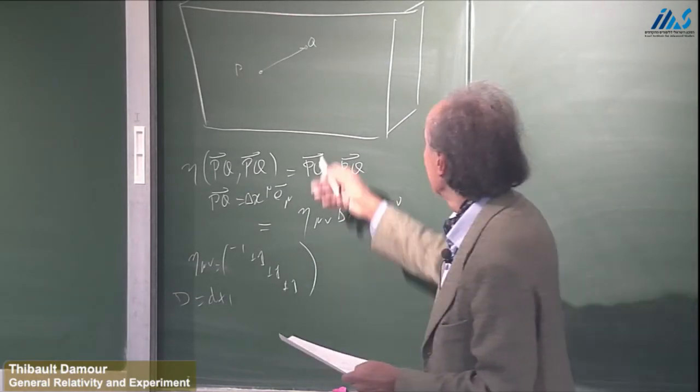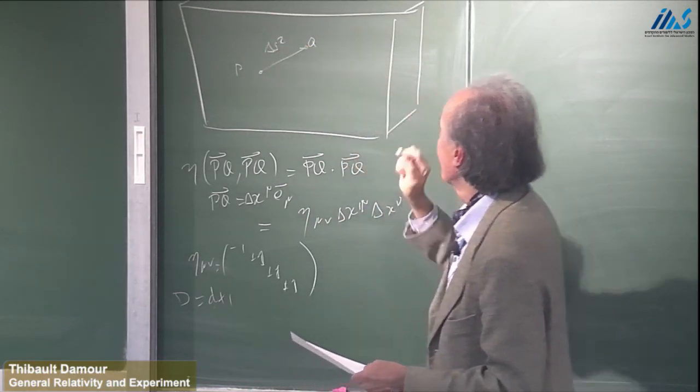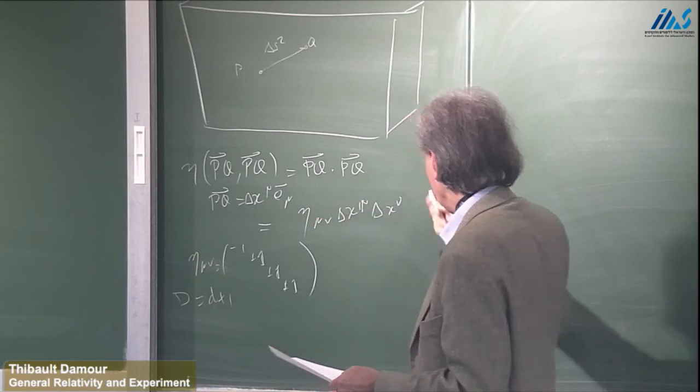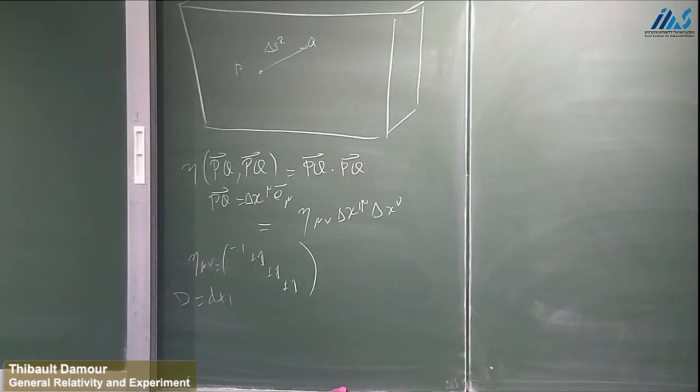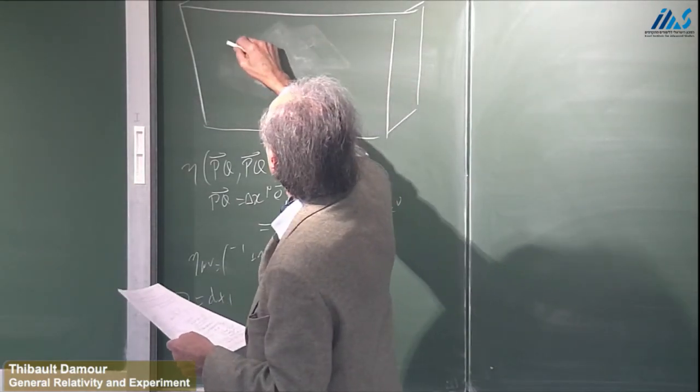Okay, and when you take this, you usually call this delta S square, the interval square between 2 points. Pictorially, this means that the structure of this affine space is homogeneous.